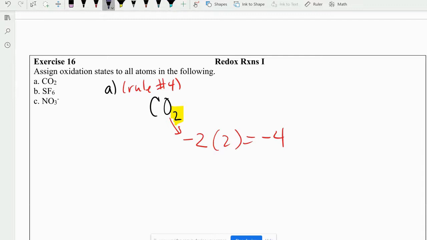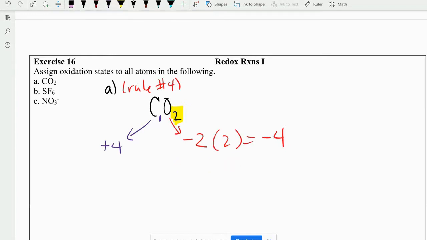Now, you have to determine the oxidation state of carbon. Well, because this element is electrically neutral, in other words, there's no charge, and there's only 1 carbon, then we know that carbon must equal a +4. Now, what do you get? A +4 and a -4? You get a goose egg. It's 0. It's electrically neutral.